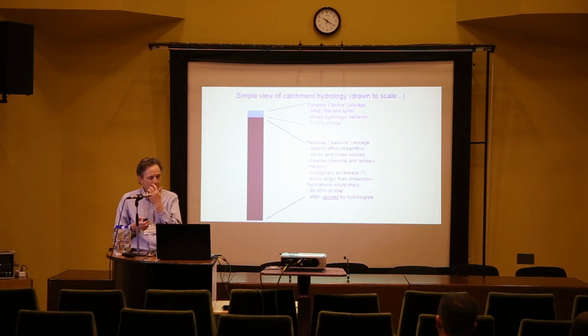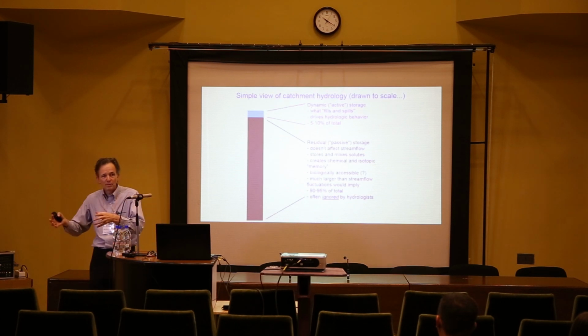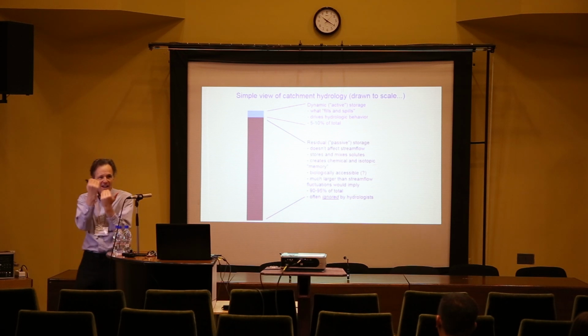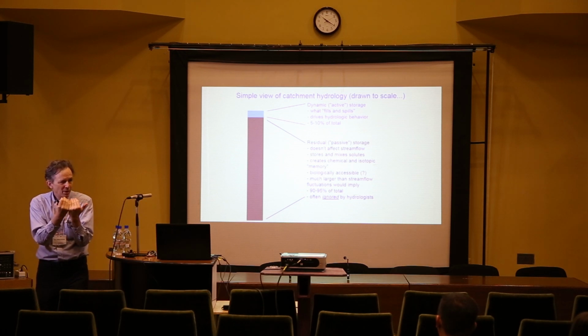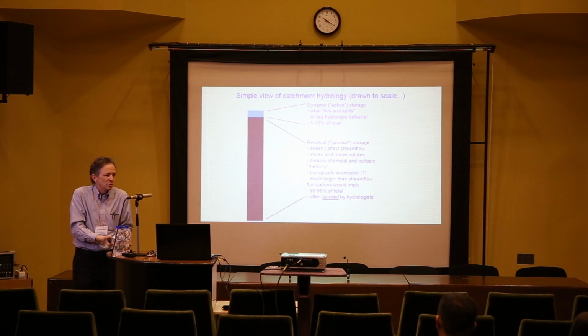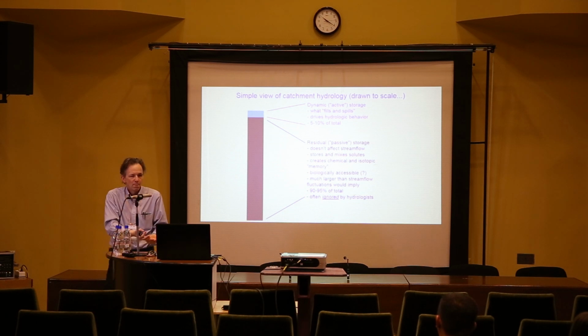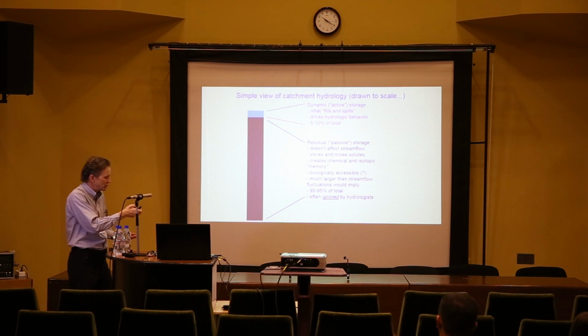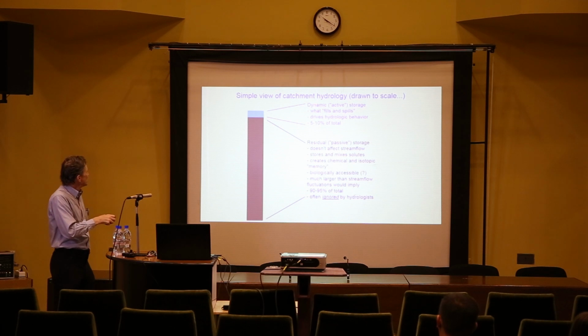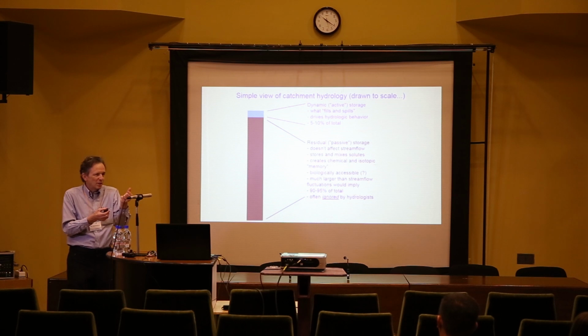So the picture that emerges from looking simultaneously at this very fast response of the stream and this very damped response of the tracers is one in which, if we look at the storage in the catchment as a column, everything we normally think about as hydrologists is up here. It's the dynamic storage.